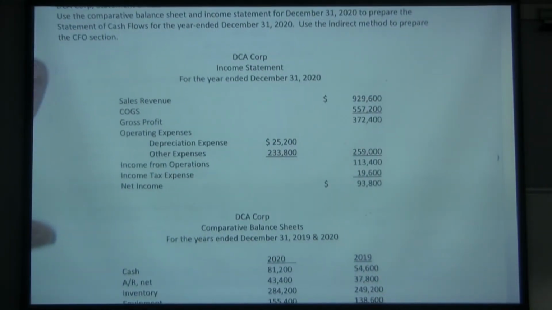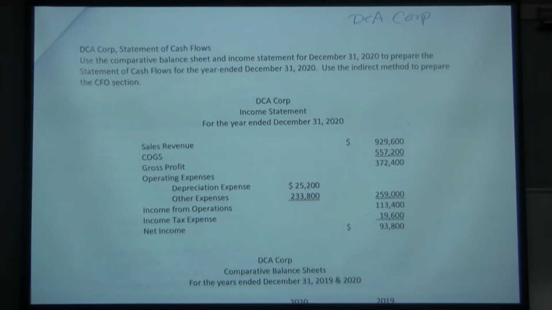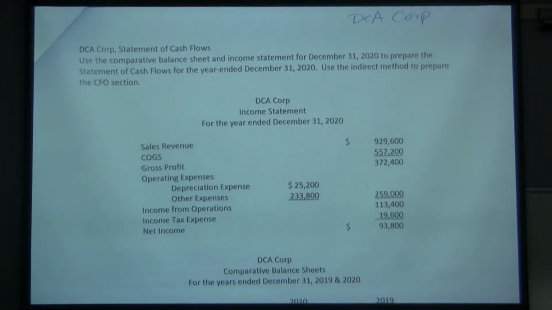I think we'll do the DCA that I had showed you earlier. I have uploaded, I think, 4 or 5 statement of cash flow examples for you, and Professor Baxter will be able to go through at least one, maybe 2, with you in your Thursday class.